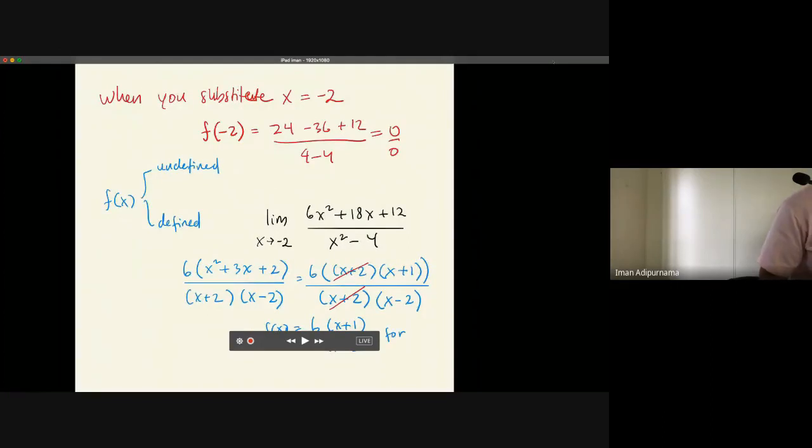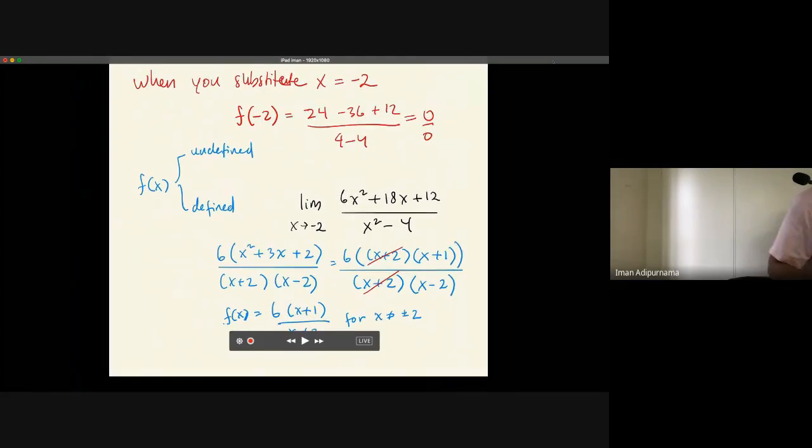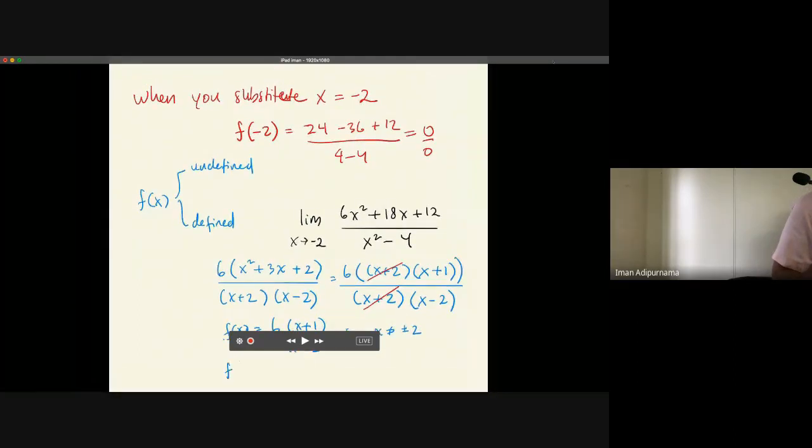For x not equaling plus or minus 2. So f of -2 will become 3 over 2. So this is the value that we need to assign.